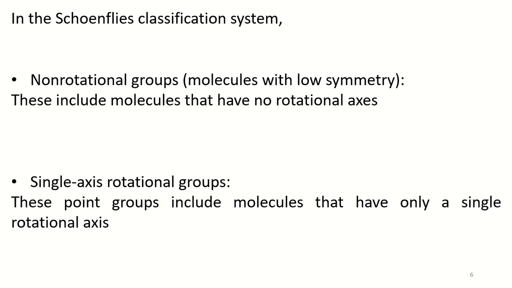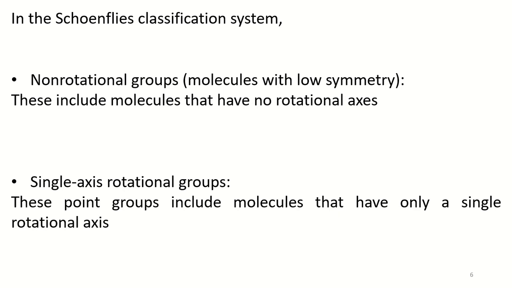In the Schoenflies classification system, the point group of a molecule will fall into one of four general classifications. So, to find the correct point group of molecules, we will discuss these four classifications, the general classifications of the Schoenflies system, and the molecule may fall in one of them.